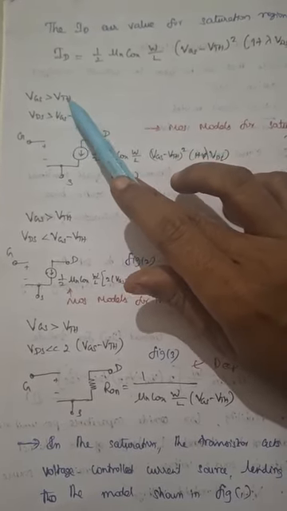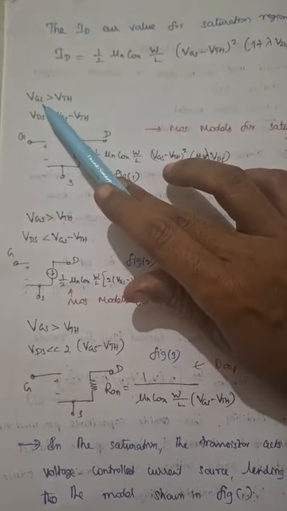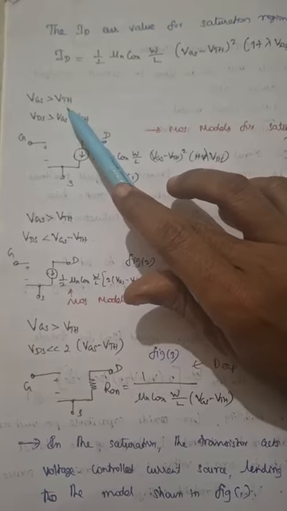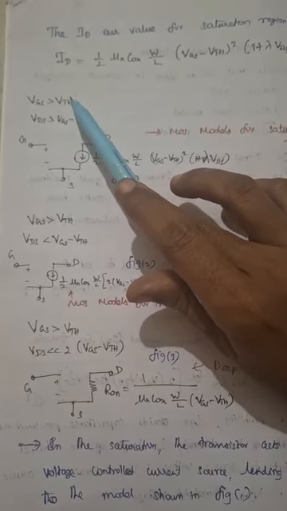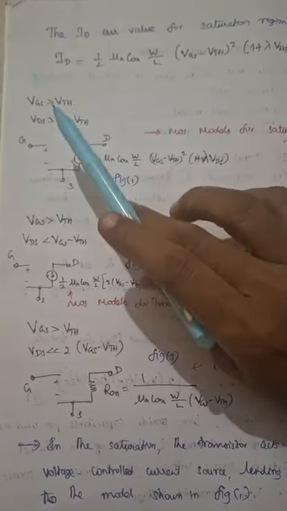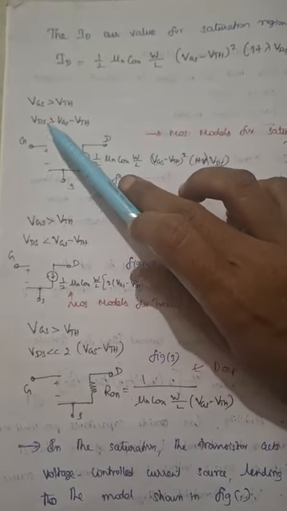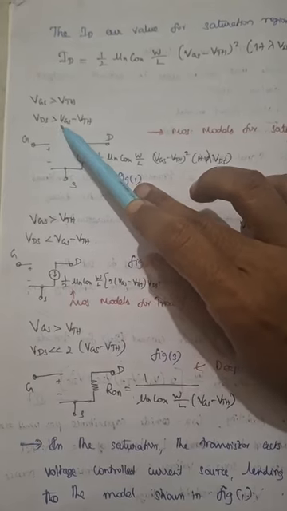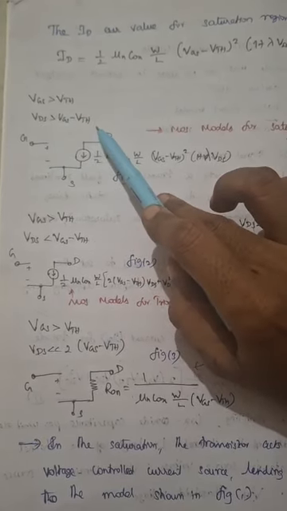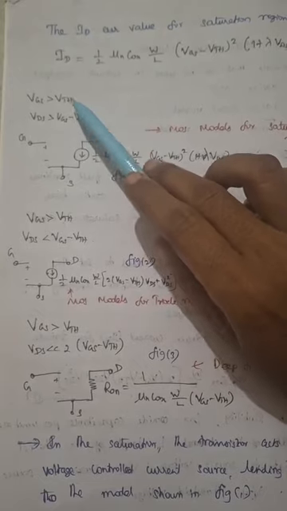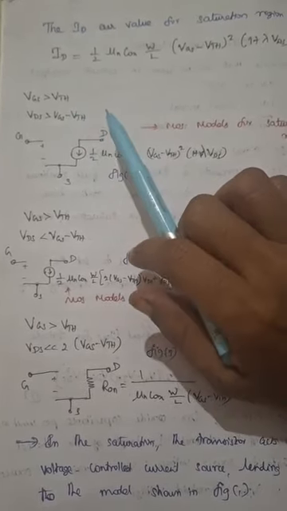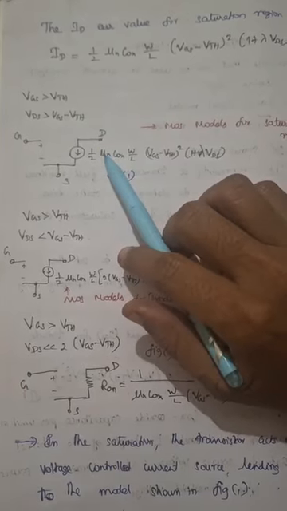When this condition is true, only then will your transistor be in on state, turned on. For saturation region, one more condition is VDS should be greater than VGS minus VTH. If these two conditions are met, the transistor is in saturation region.